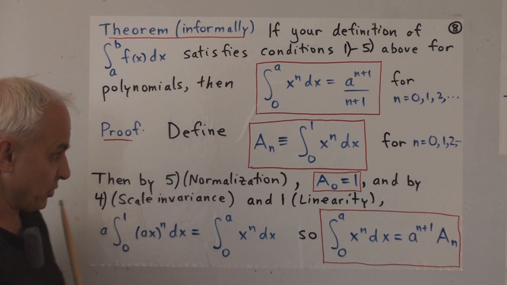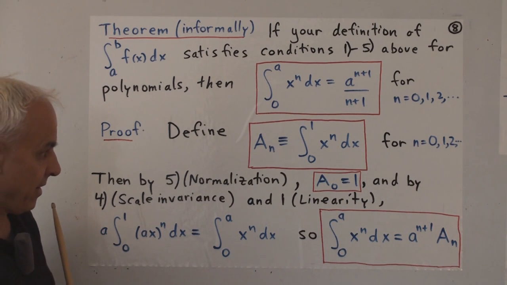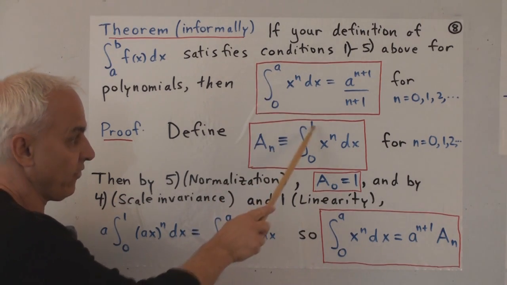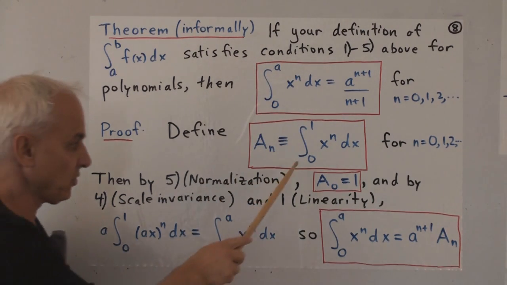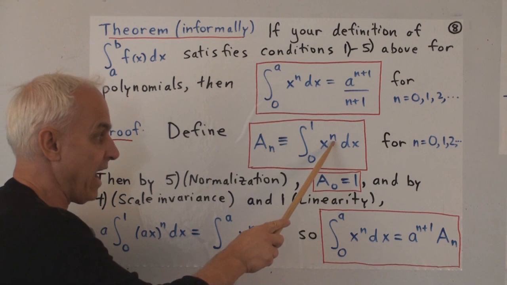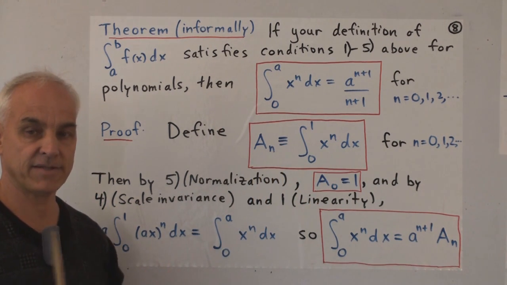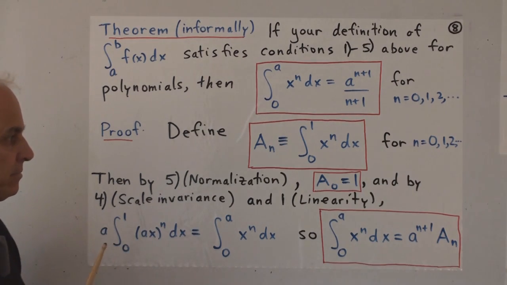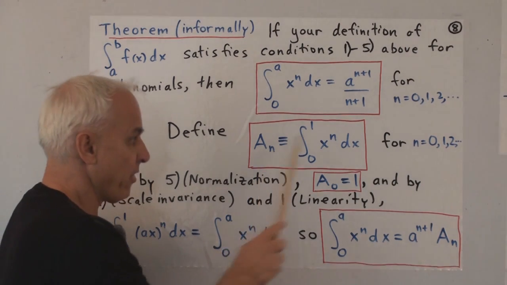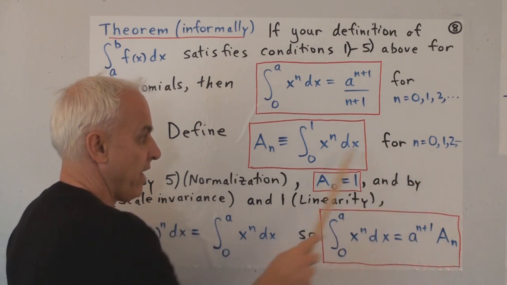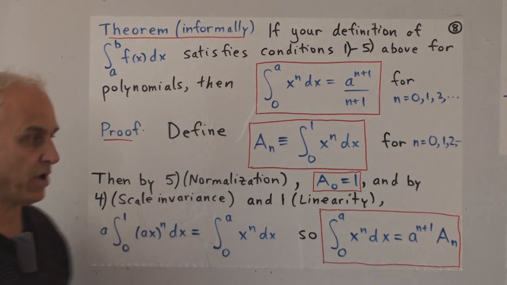The first thing we're going to do is define a special case of this thing, the special case when a equals 1. So the integral from 0 to 1 of x to the n dx, we're going to call that a sub n. That's some number. And there's such a number for n equals 0, for n equals 1, for n equals 2, for any higher natural number.